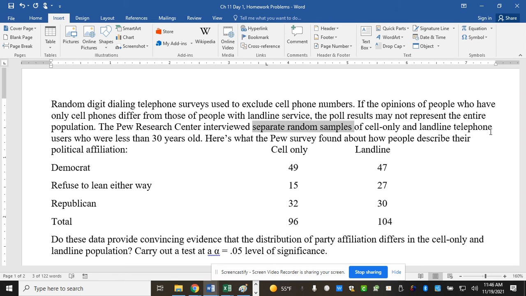The front sheet or the back sheet? Did we take one sample from one population? We're taking separate samples from this and from this. Do you see that? So how many samples are we taking?